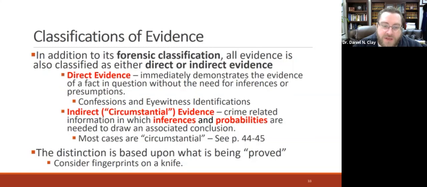So this is crime-related information in which inferences and probabilities are needed to draw an associated conclusion, right? So this is, we find a fingerprint, right? Now, generally speaking, depending on the humidity, they don't last more than 24 hours.